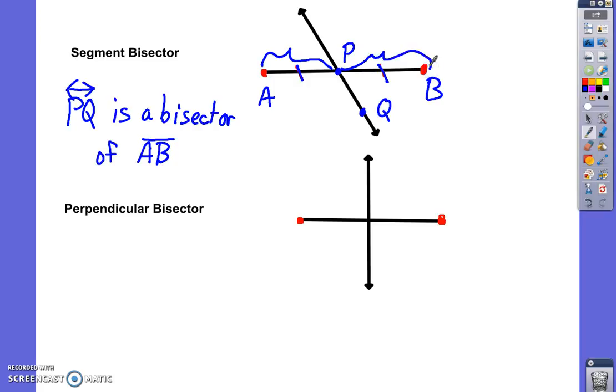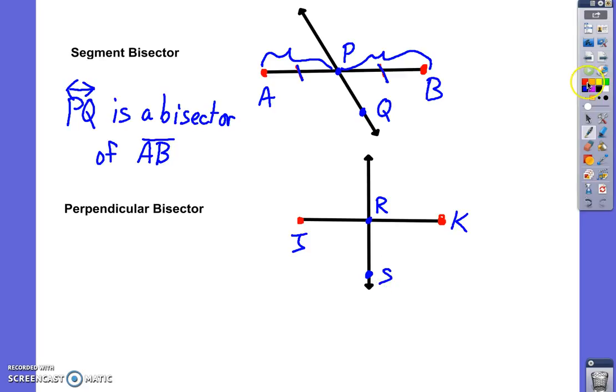Now, the next one is a perpendicular bisector. So if we look at this one, let's go with J. This is point R. This is point K. And we need another point. Let's call it S right here. Okay, so we had a perpendicular bisector.